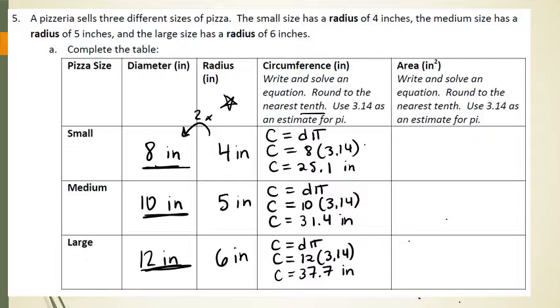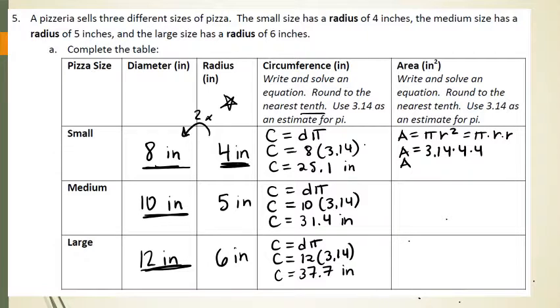What's the area of the small pizza? The formula for area is pi times radius squared. Or if it helps you, just write out pi times radius times radius. So we're going to use pi, 3.14, times the radius, which is 4, times the radius again.